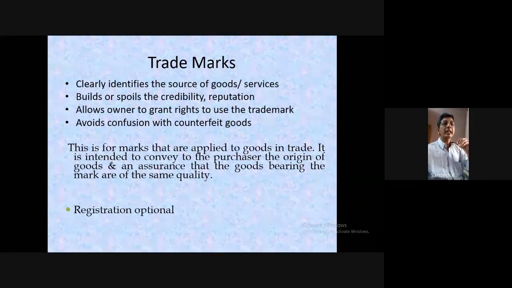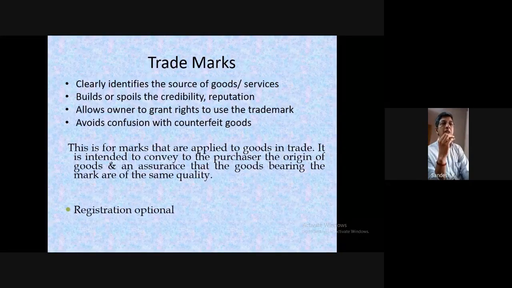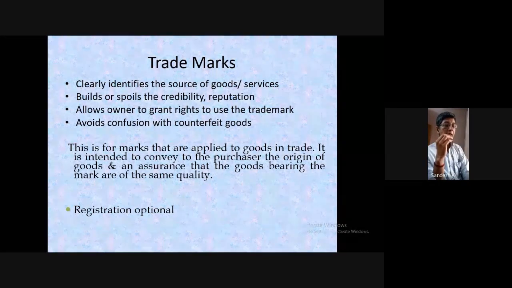Trademark clearly identifies the source, what you are talking about. It gives you credibility. When a person sees a trademark on any product, it gives credibility. He relates it to a quality, and he understands, okay, this is the quality which I am getting. Also, the owner can transfer that right to another person.